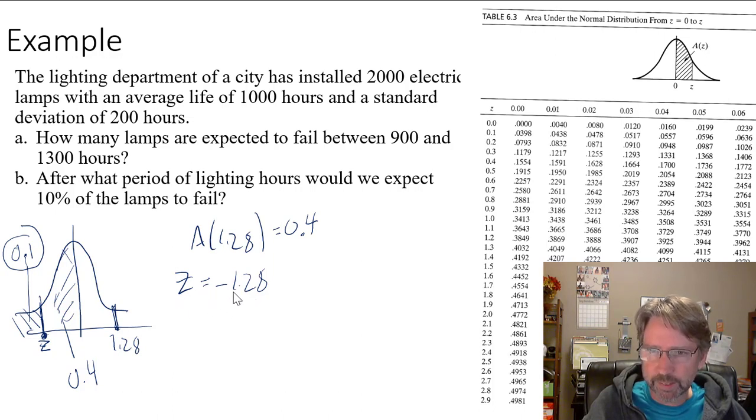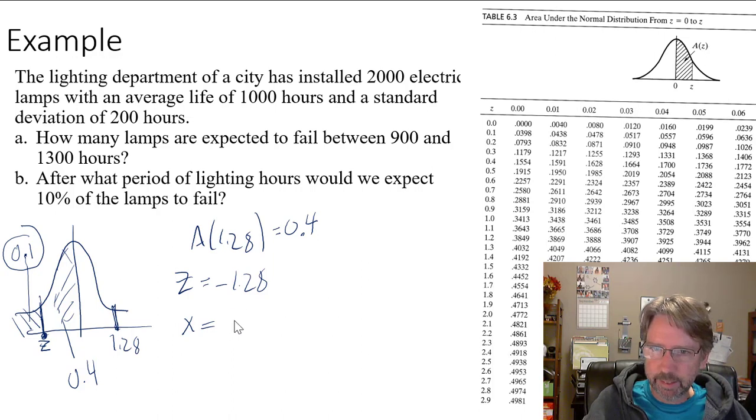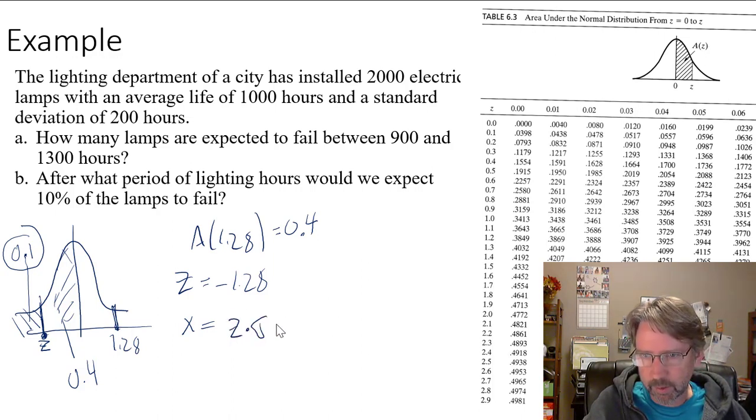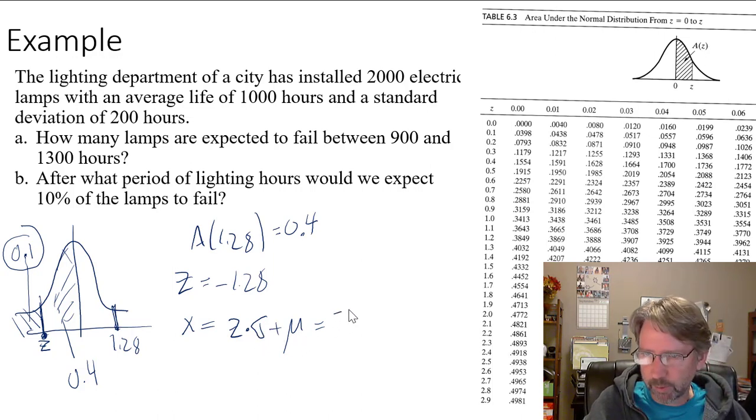And so using a z of negative 1.28, we can find that x is z times sigma plus the mean, and that is negative 1.28 times the sigma plus the mean, and we get a value of 744 hours.